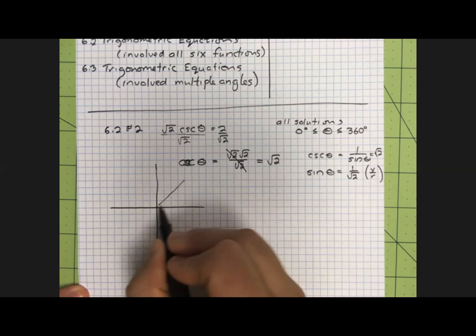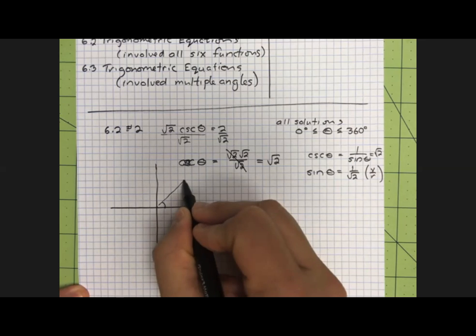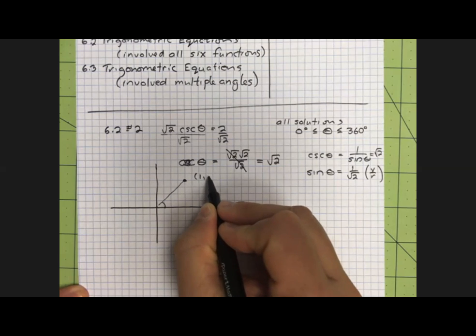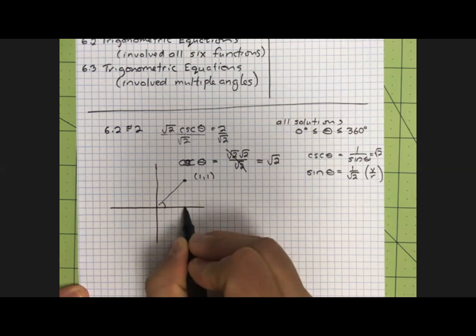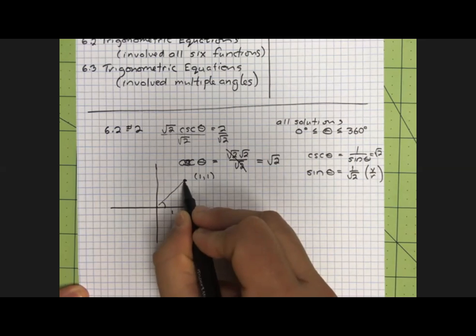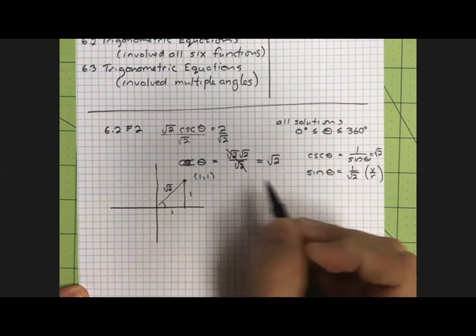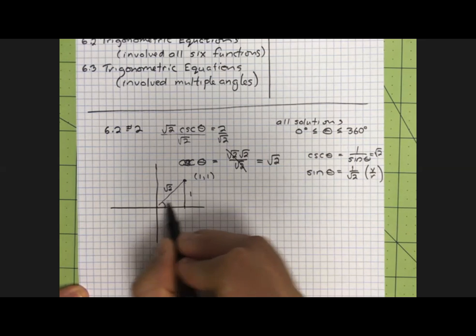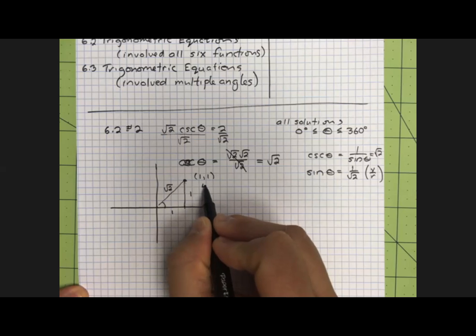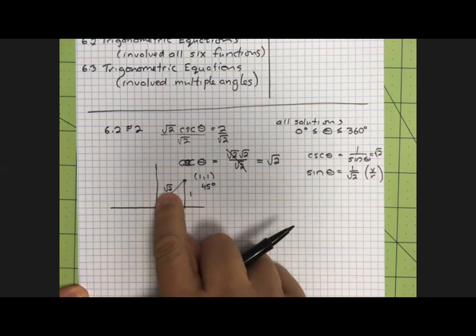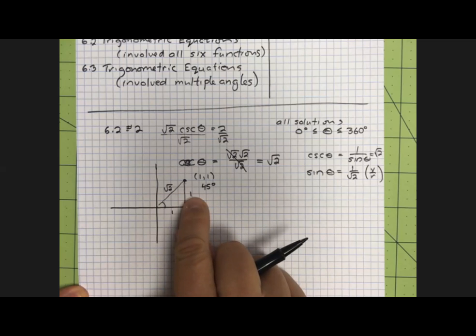So this could look like this. 45 degrees with a terminal point of 1 and 1, because I go 1 over and 1 up. And the radius is root 2. That angle, which is 45 degrees, has a sine of 1 over root 2. So it has a cosecant of root 2.